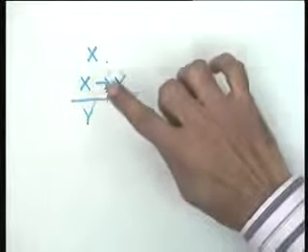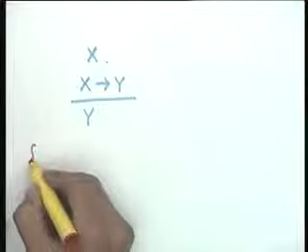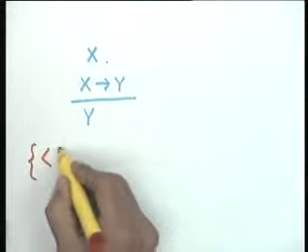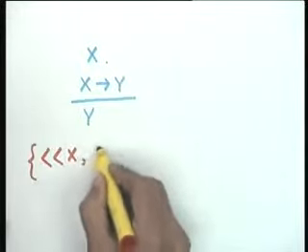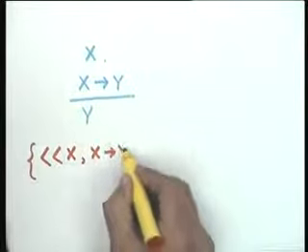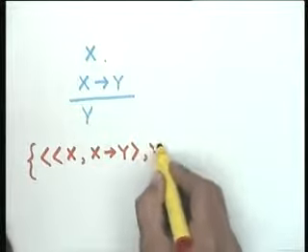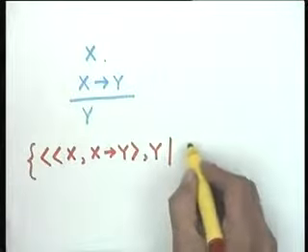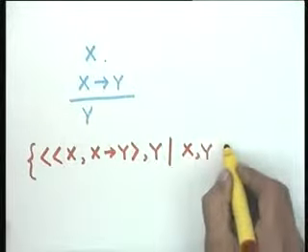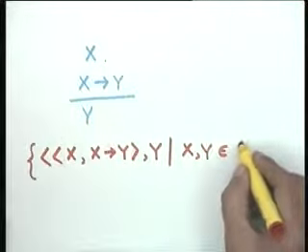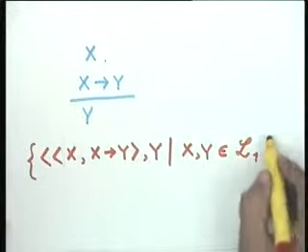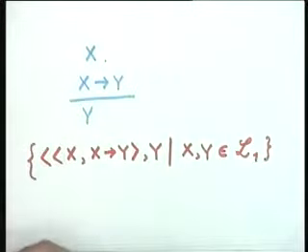So this rule actually specifies a pair of this form, right? where x and y belong to, let us say, the language of first order logic, which I will write L1 as opposed to propositional logic, which I will write L0.